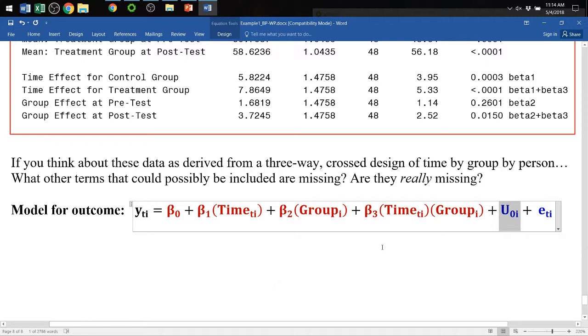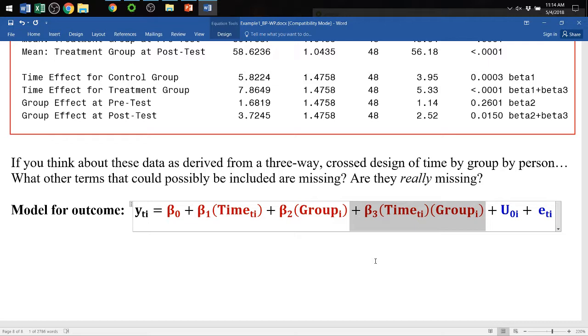I also have the potential for 3 interaction terms. Here's one, time by group. That's a fixed effect. In this design, can I have person by group? If each person is only in one group, I can't have person by group. I don't have the information with which to see how somebody would have done different in the other group because they were never in the other group. So I can't estimate that. So because I can't have person by group, I can't have person by time by group.